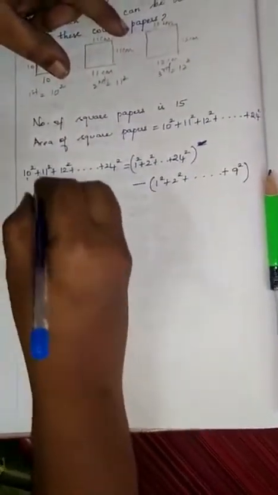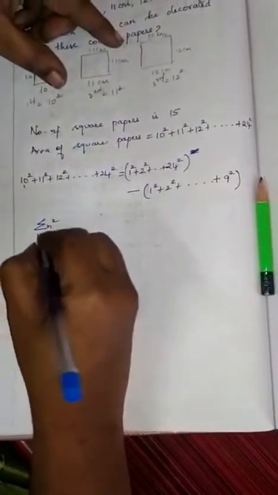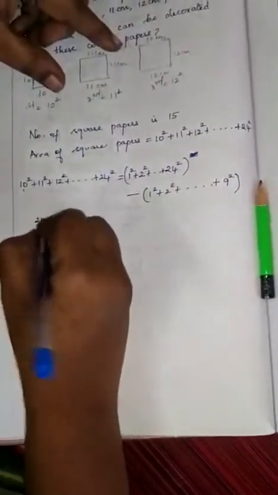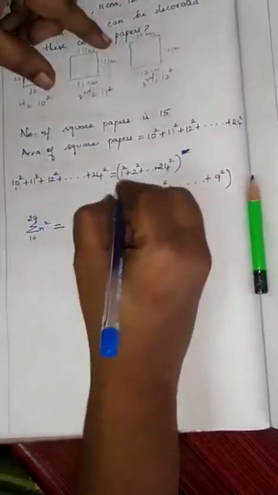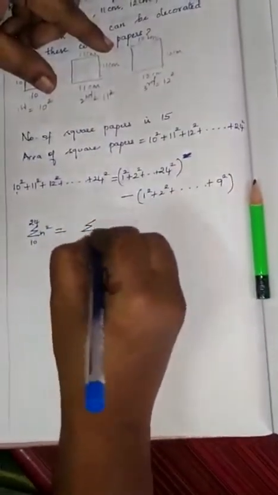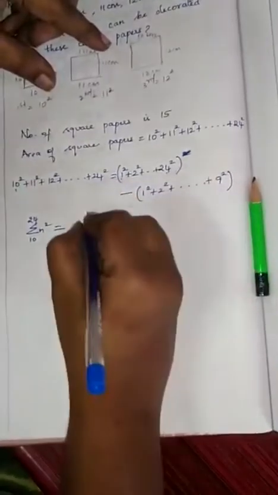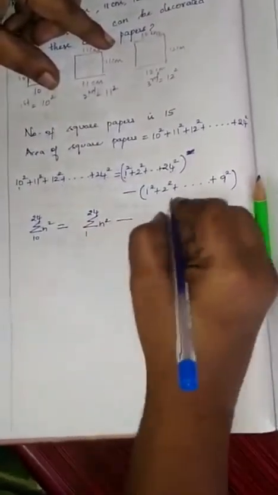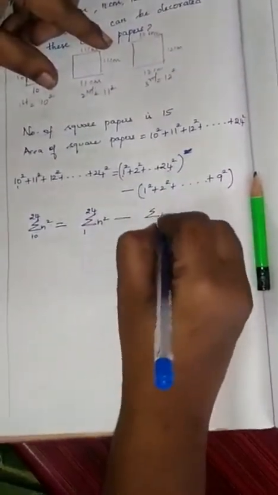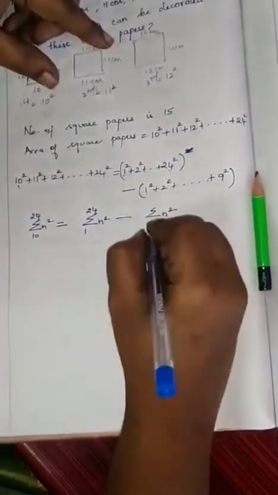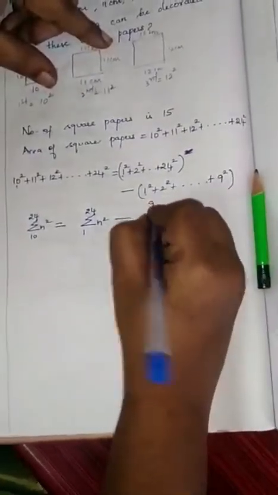So now you find out the area. This is summation of n square starting from 10 till 24, that is equal to the summation of n square starting from 1 till 24 minus the summation of n square again, starting from 1 till 9.